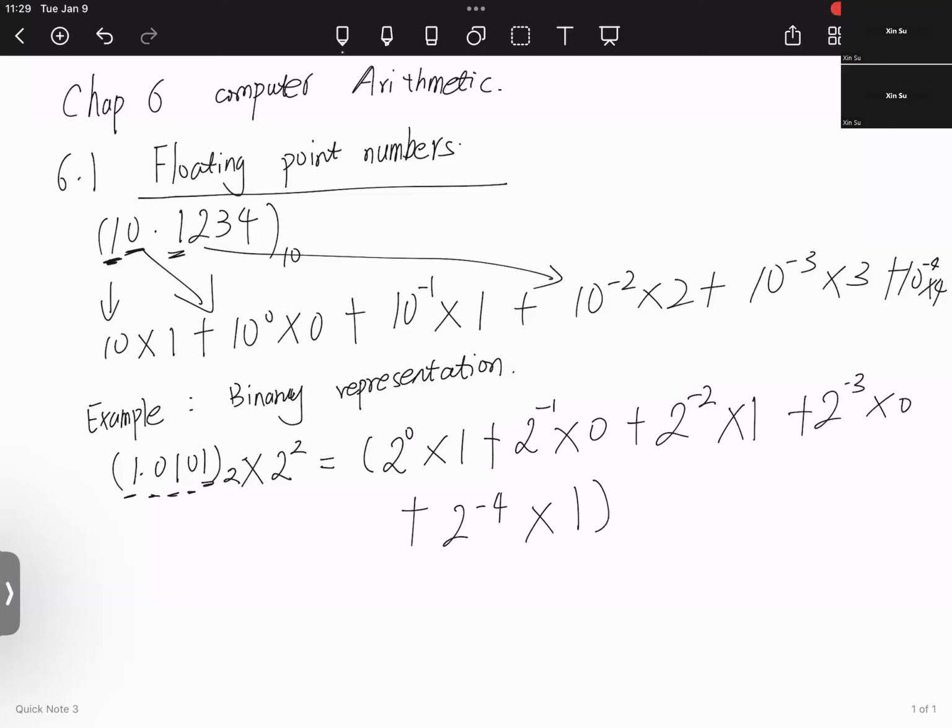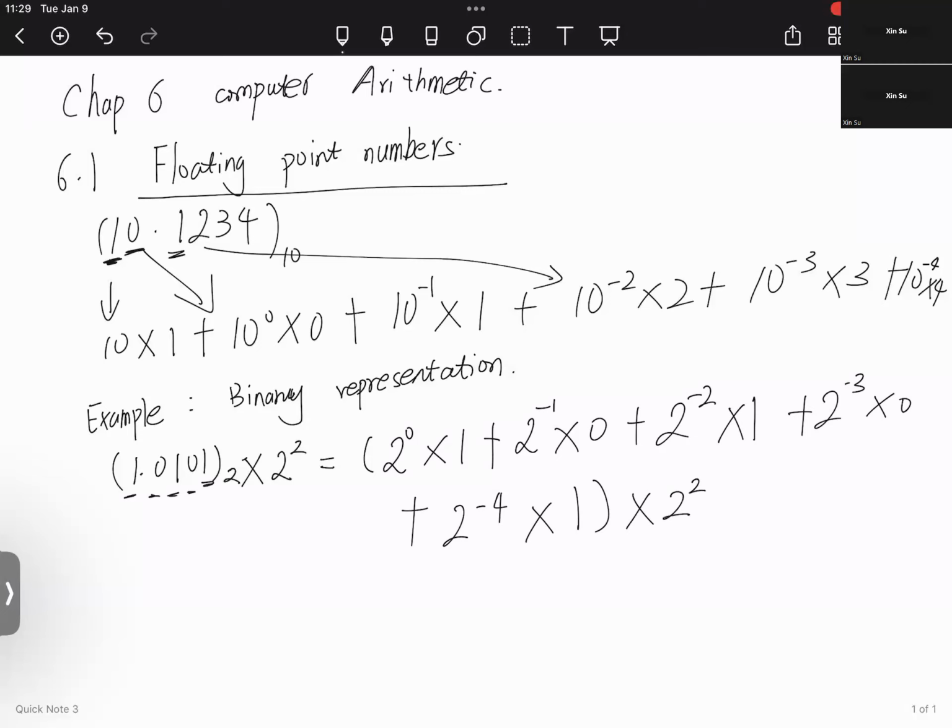We also have something similar to scientific notation in base 10. Sometimes we write 100 as 10 to the power 2. Here we also have the exponential representation, 2 to the power 2.